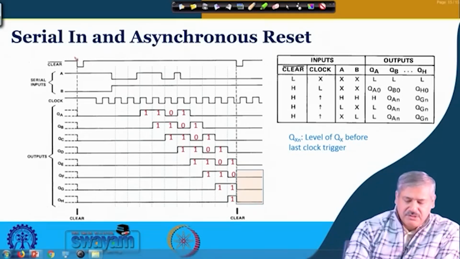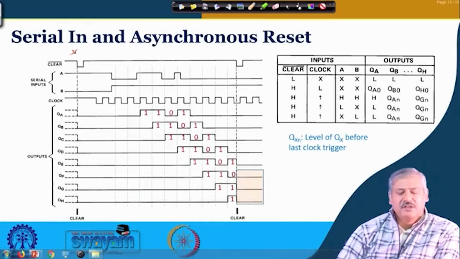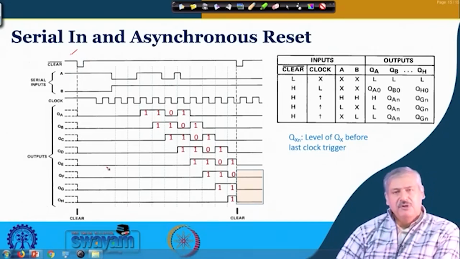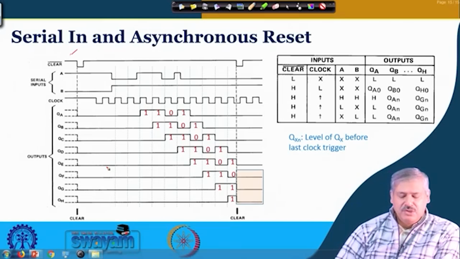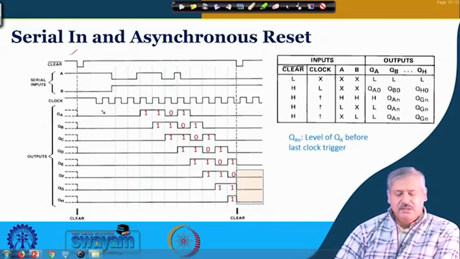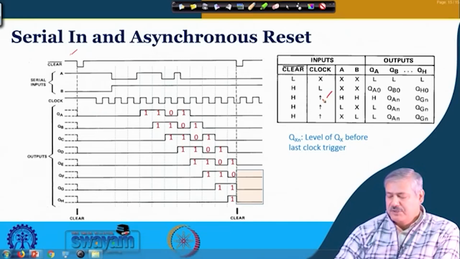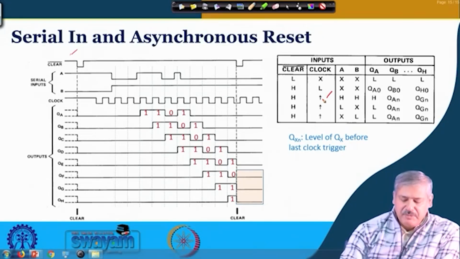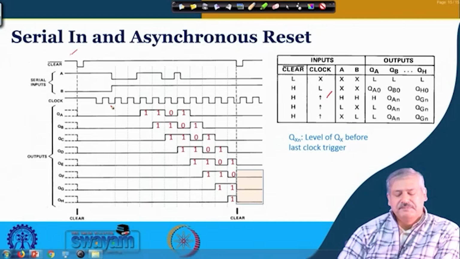This is your clear, which is asynchronous reset, so whenever you give this clear, it will become all clear. Then the clock starts triggering, and at every positive edge of the clock, you can see from the truth table it is positive edge triggered, and also from the circuit. So every positive edge of the clock it gets a trigger.